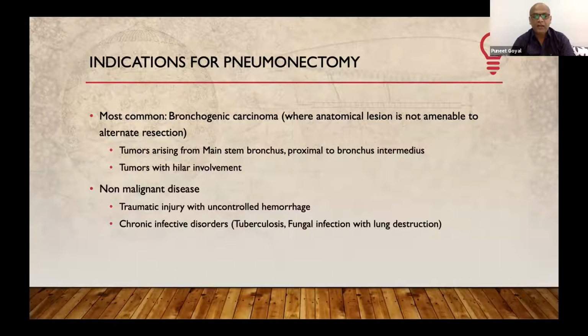Then other non-malignant diseases like traumatic injury of the lung with uncontrolled hemorrhage, which has a potential to spill to the other lung, and it can damage both the lungs. Before that, one lung needs to be controlled, or the hemorrhage needs to be controlled. And chronic infective disorders like tuberculosis or fungal infections, which have considerable lung destruction. In those patients, the pneumonectomy is performed.